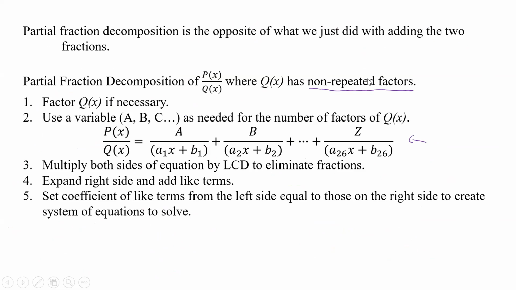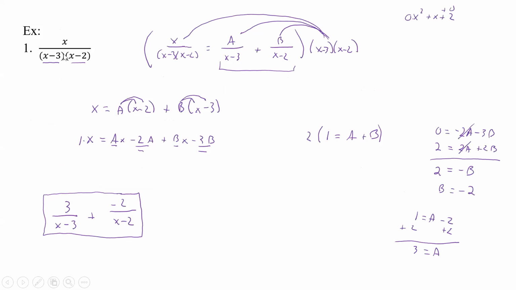So those are the four things you need to remember, and the work going through it isn't that hard. It's just multiplying the LCD times each of the terms and then working it out, simplifying and working your way down to find the different A, B or A, B, C, D or whatever terms you actually have.